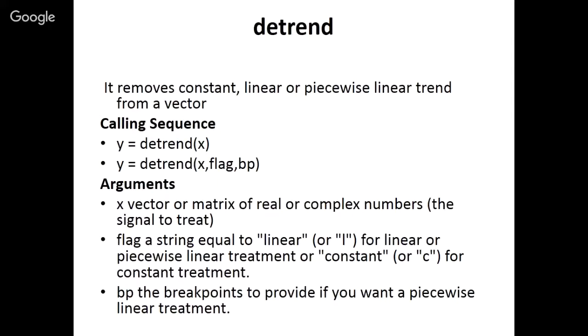Flag is a string: linear for linear and piecewise linear, or constant for C. That means you are giving constant treatment, cutting the trend of a constant signal. Here we are taking L, and we know that this is linear or piecewise linear. BP is a breakpoint. Breakpoint is given if you want a piecewise linear treatment.